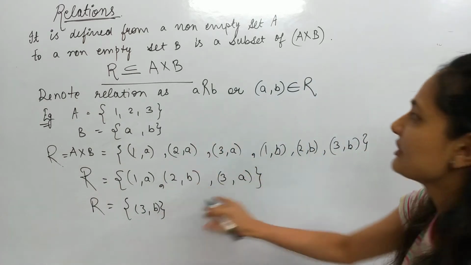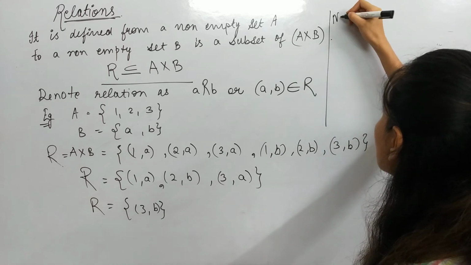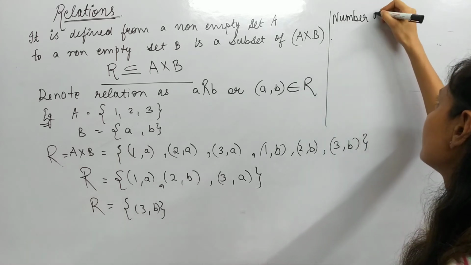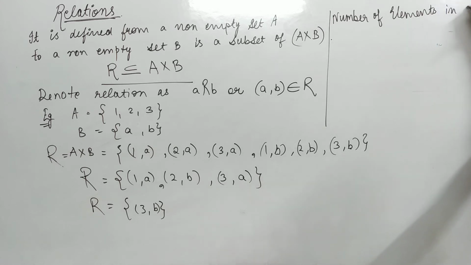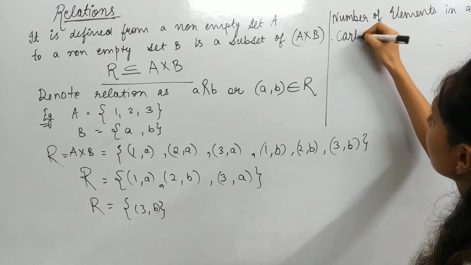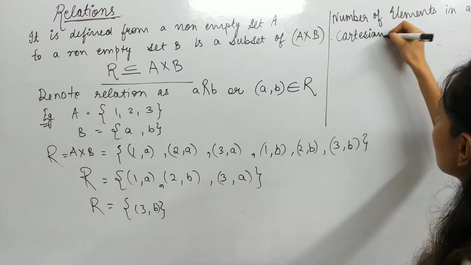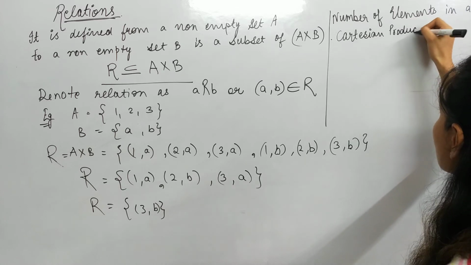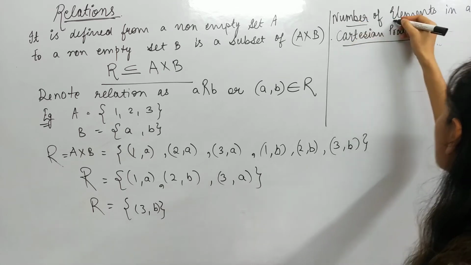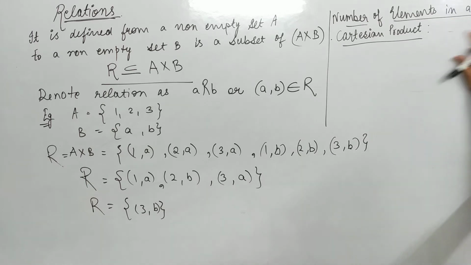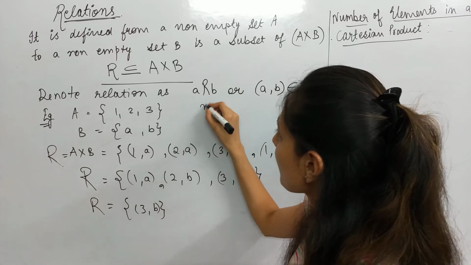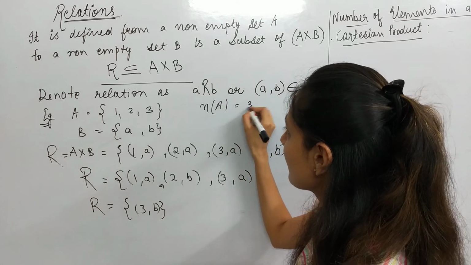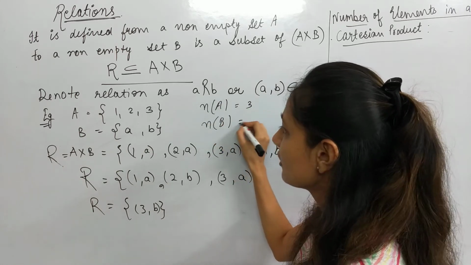Now, the number of elements in a Cartesian product. If you see in these two sets, the number of elements in A is 3 and the number of elements in B is 2.